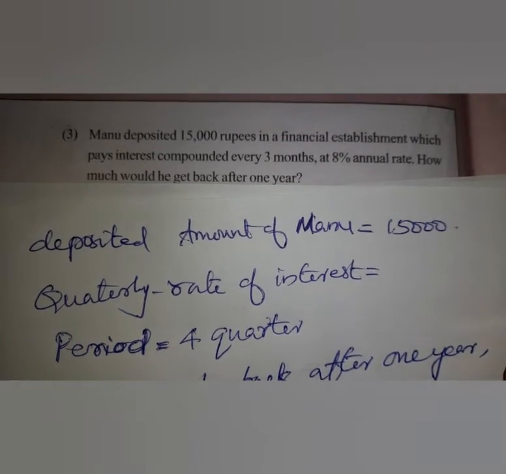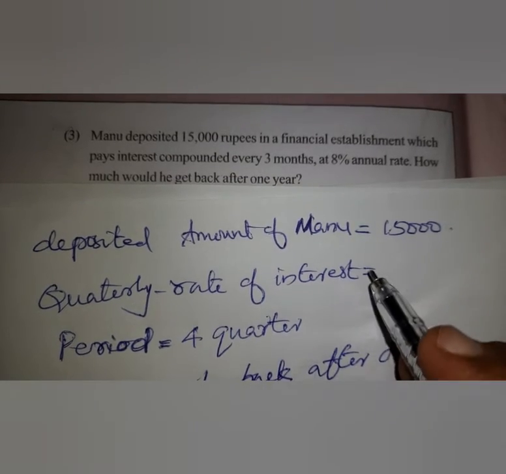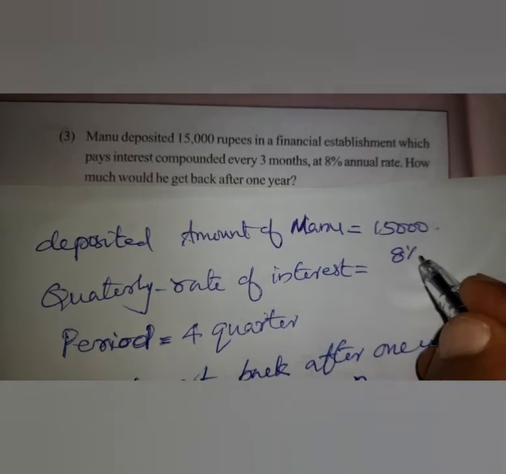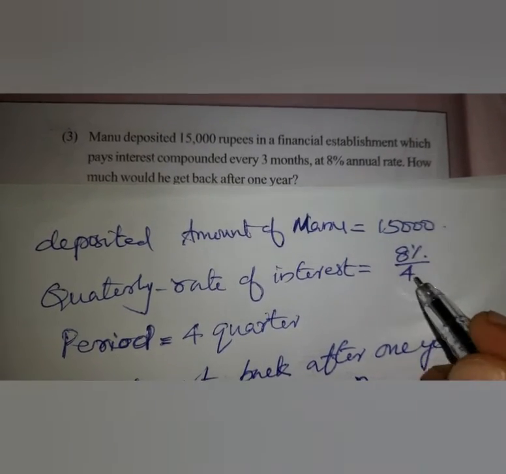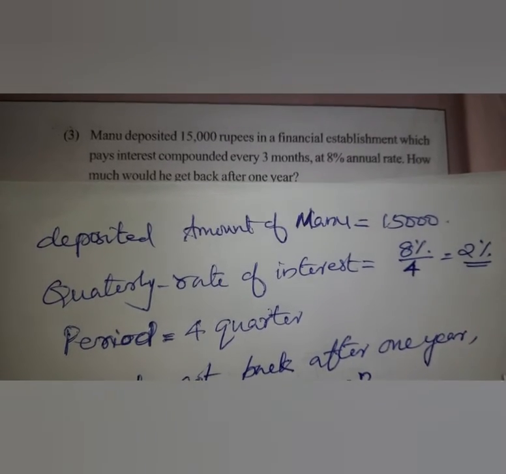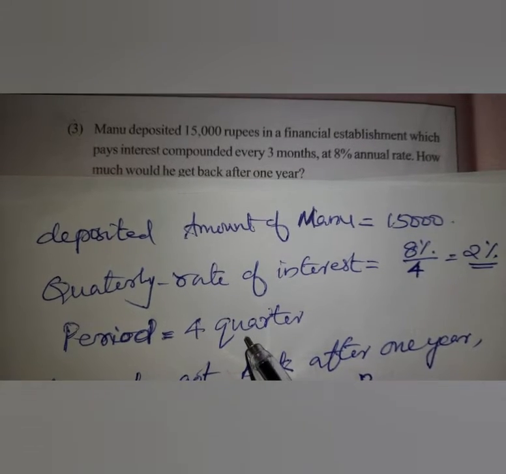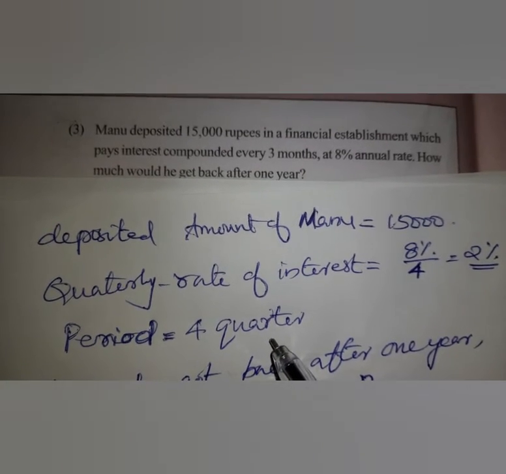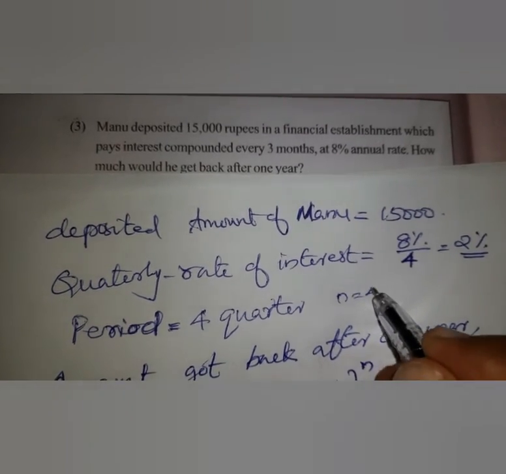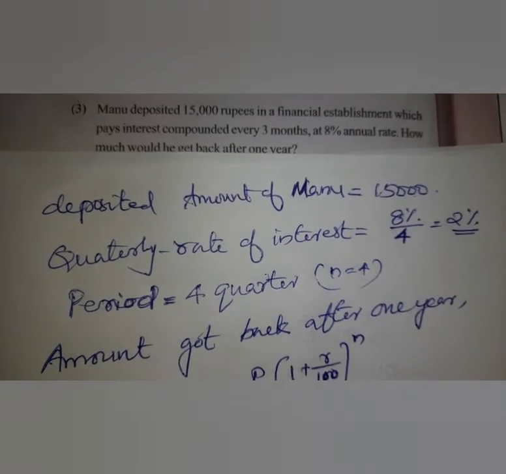So the principal amount he deposited is 15,000. Quarterly it is calculated. The rate of interest is annually 8%, and quarterly means 4 times a year. So every 3 months we are getting an interest of 2%. Period means how many quarters? 4 quarters. So N is equal to 4, R is equal to 2%, P is equal to 15,000.